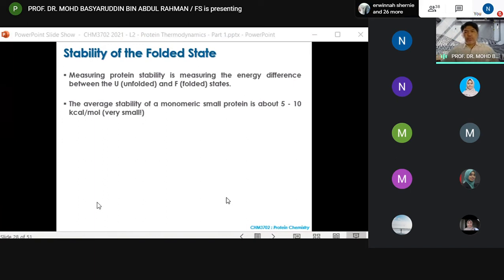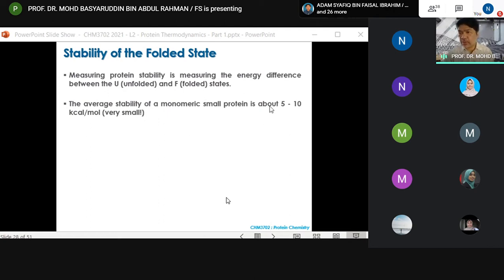If we look from here, we can of course measure the stability of the folded state, the protein stability. We use several pieces of equipment, something similar to the bomb calorimeter. From there we can measure the energy difference between the unfolded and folded states.